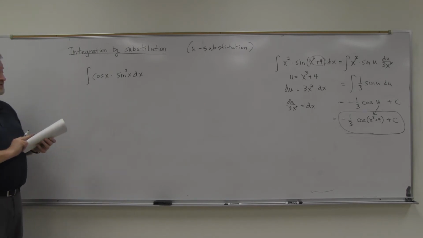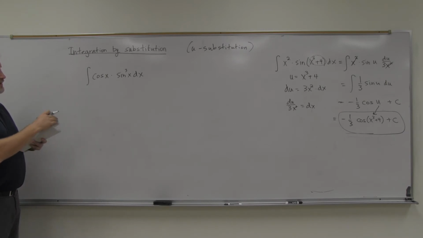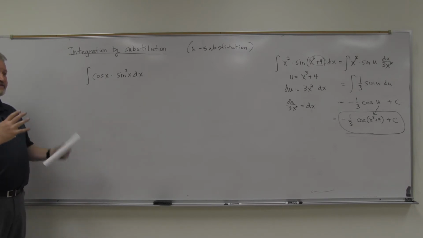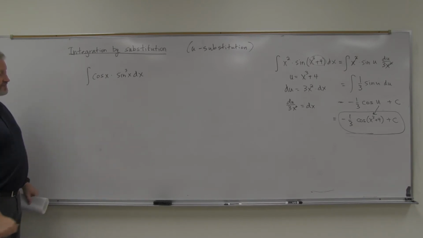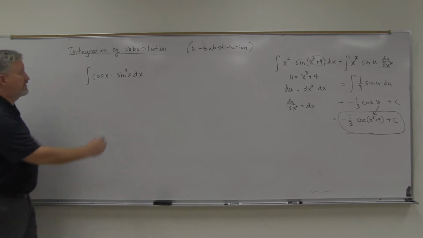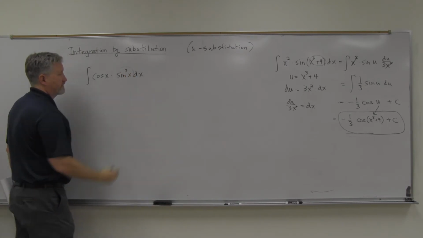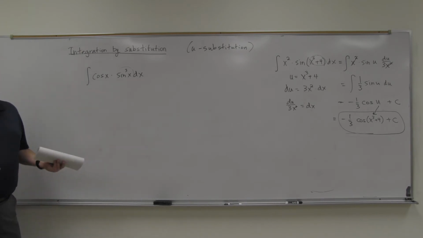Well, let me just say here that since I don't have the parentheses, that doesn't, I guess, just jump out at me. But remember, and we talked about this, I think it was with the chain rule, if you've got that sine cubed x, that's a nice way to write it.